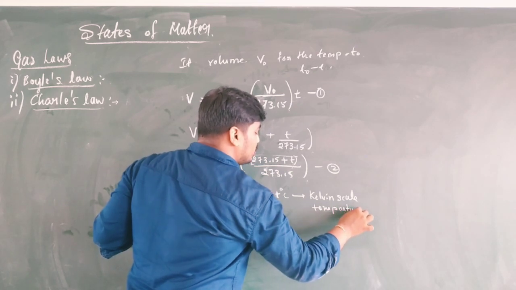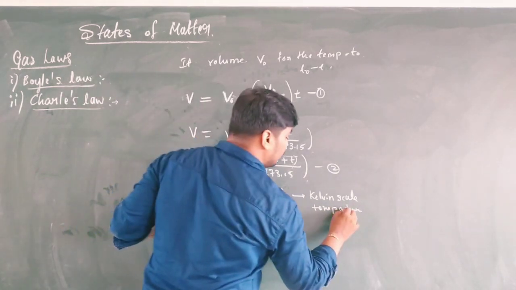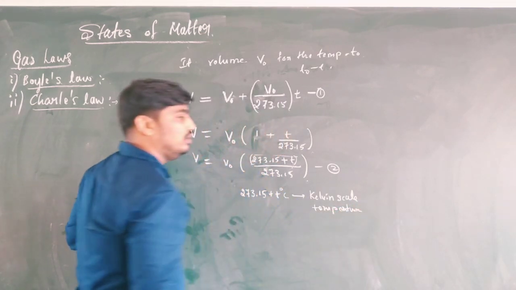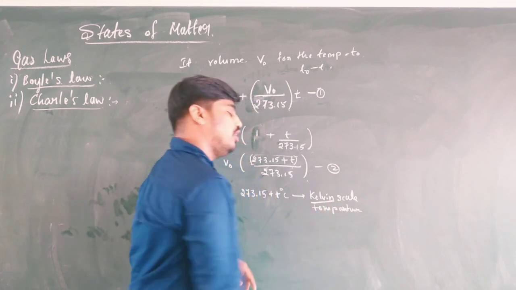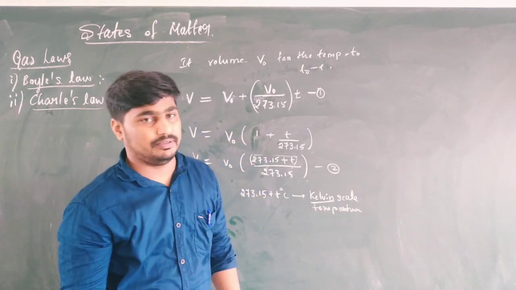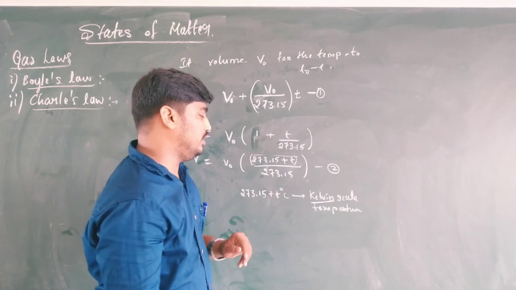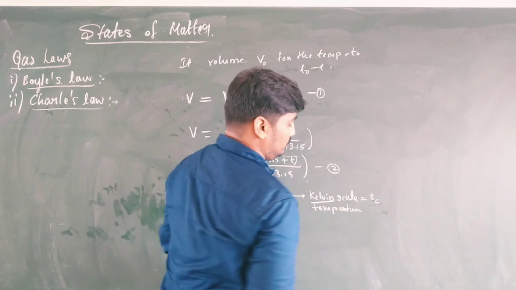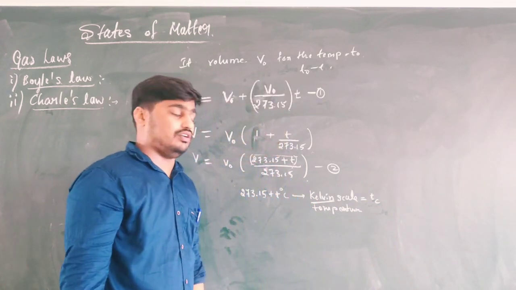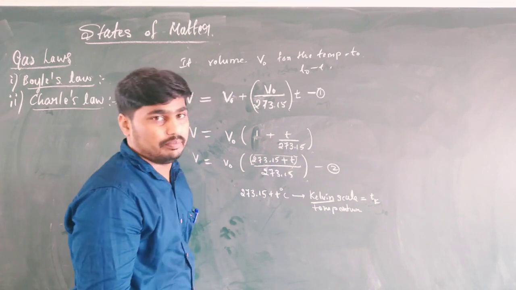This is known as the Kelvin scale or thermodynamical scale temperature. How much? 273.15 plus T degree. It is now considered as TC, or rather, better to consider it as TK, the Kelvin scale temperature.